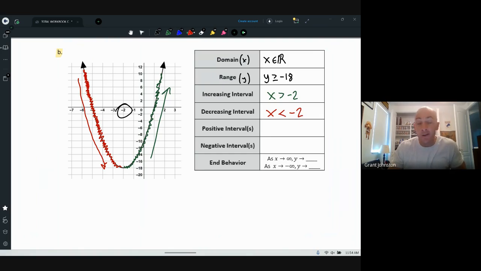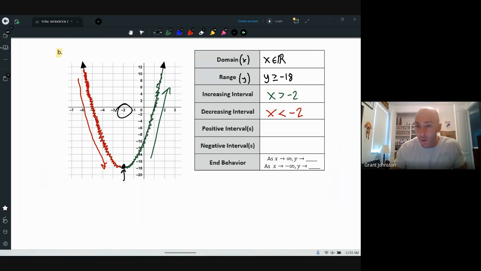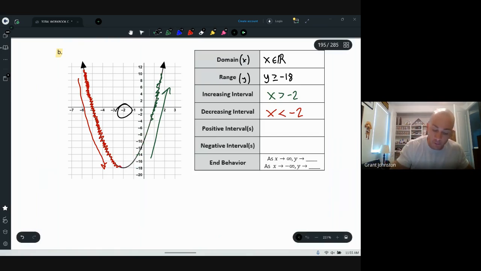Again, it's decreasing when x is less than -2, but it's increasing when x is greater than -2. Now, you might be curious as to why I'm not doing greater than or equal to. Well, at this instantaneous spot here, it's neither increasing nor decreasing. It's constant there. That's why we're not including it, but don't let that confuse you too much.